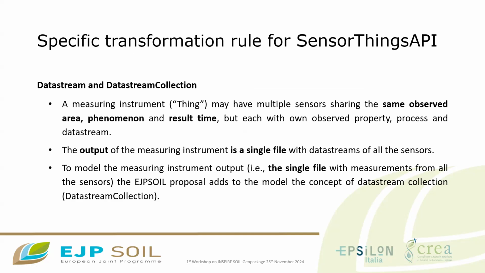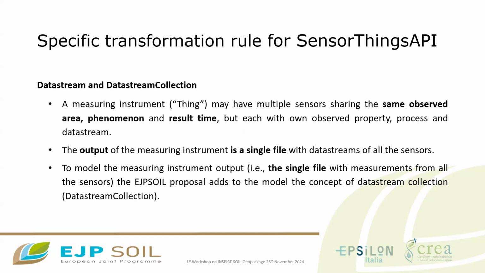What is the rationale behind this transformation rule? A measuring instrument, called a thing in the Sensor Things API model, may have multiple sensors. So the thing, the measuring instrument, may be composed of multiple sensors inside. These sensors share the same observed area, phenomenon, and result time, but each sensor has its own observed property, process, and data stream.